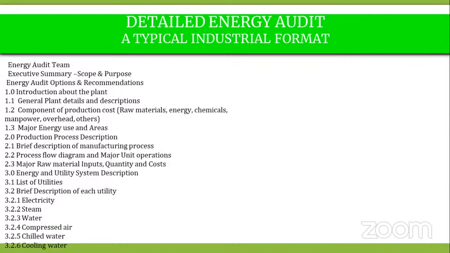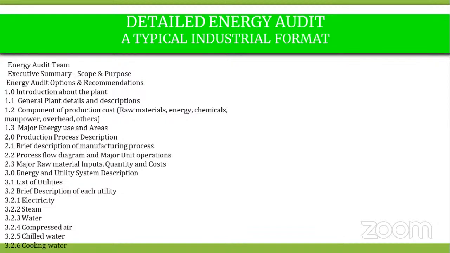Then the introduction about the plant. Where we are doing the project is very important, because it could be a steam power plant or a steel plant, or even a rocket science program. All such things need to be detailed, because an energy audit should ensure that it gives a better outcome. There are also schemes, such as PAT and PEERS, that the government has announced, for credibility as well.